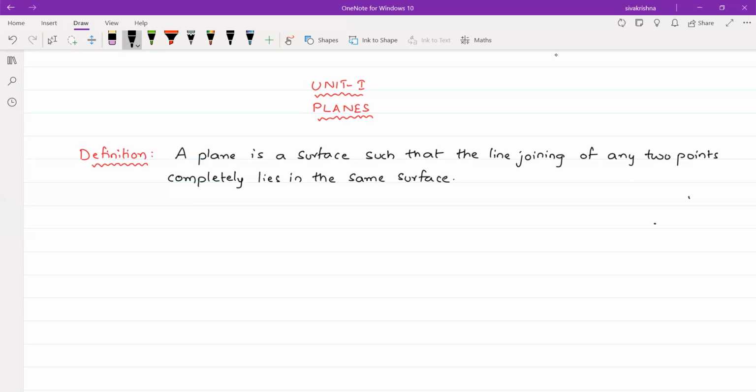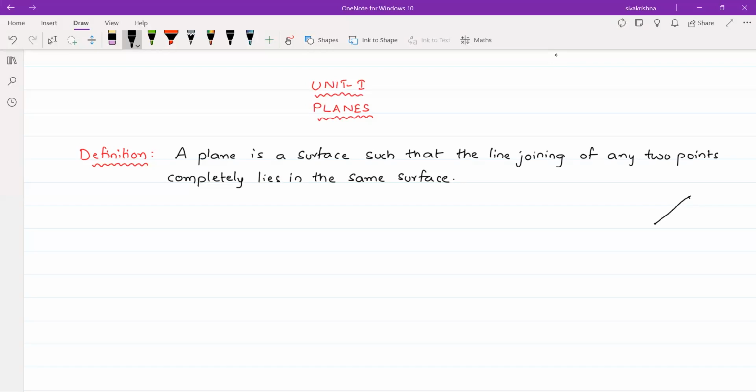I am drawing a line joining those 2 points. If this line completely lies on the same surface, then we call that surface a plane. It means we call this paper a plane. That is the definition of a plane.